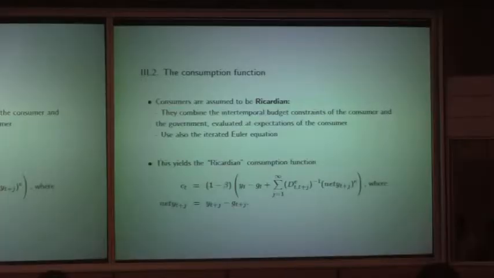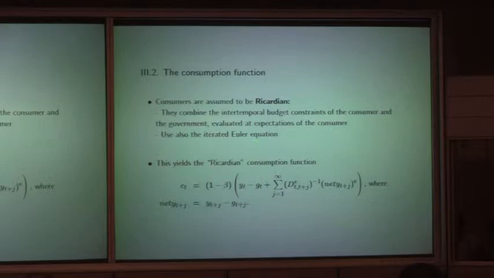Ricardian consumers are smart enough to know that there's also a government which is taxing us and buying some of the goods in the market, and that has a budget constraint. These consumers have their own budget constraint, and they put it together with the government's budget constraint. For the future they use the prices that they expect. Future prices or inflation rates are what the consumers themselves expect, but they treat themselves and the government as integrated together.